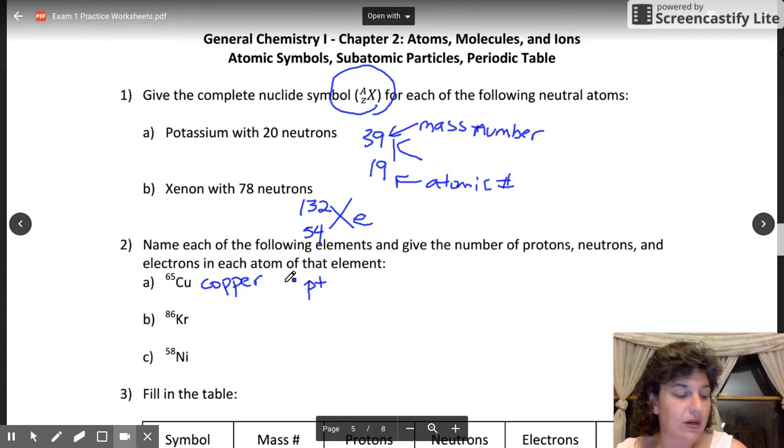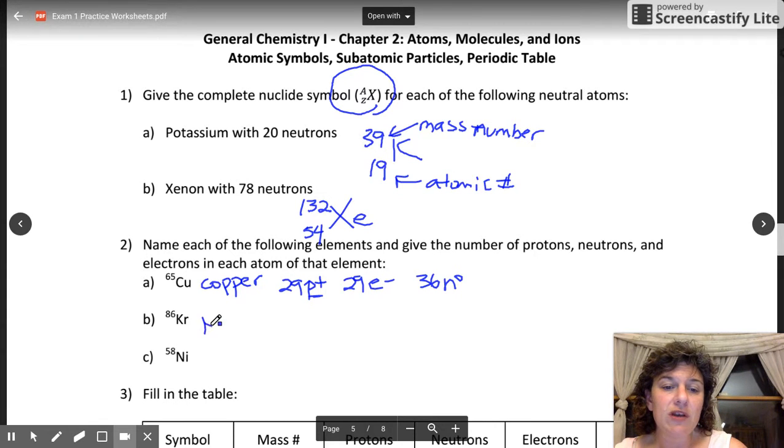The atomic number is 29, so we have 29 protons. Our electrons should be equal because it is a neutral atom. And our neutrons, which I'm going to say N0, is 36, because 65 minus our 29 equals 36.